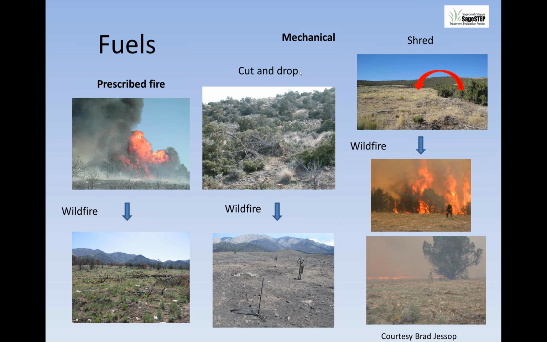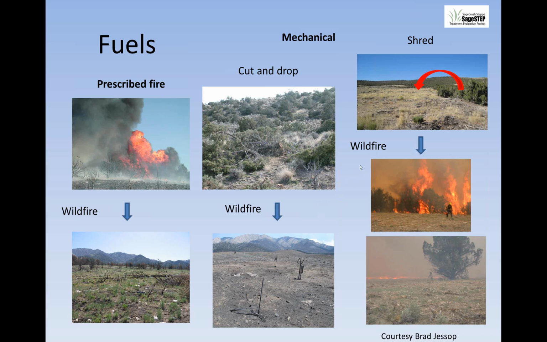But in the two mechanical treatments, the cut and drop and the shred, we basically fried the soil moisture stations. The batteries were glued to the fiberglass, total loss of equipment. So that's our measure of fire intensity and severity there. The fact is, hot wildfire burning through any treatment where you leave the fuels on the ground is going to create high fire intensity, and that could translate into severe response for the vegetation.